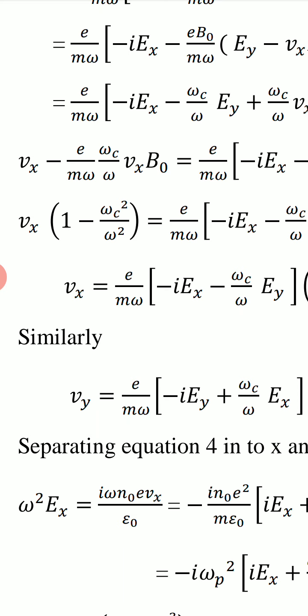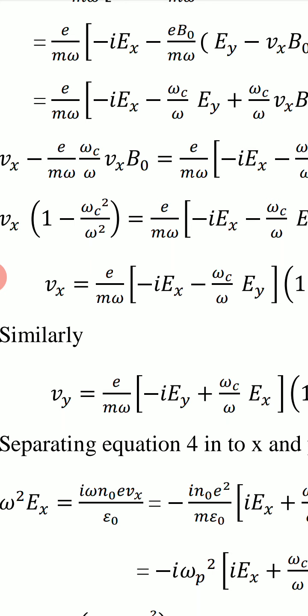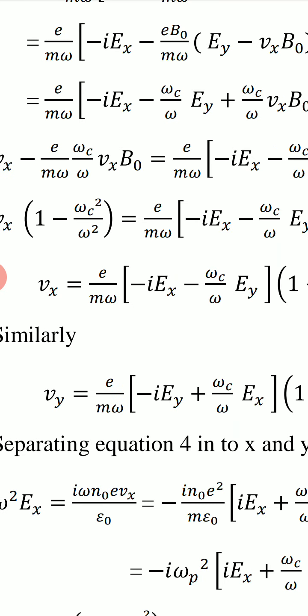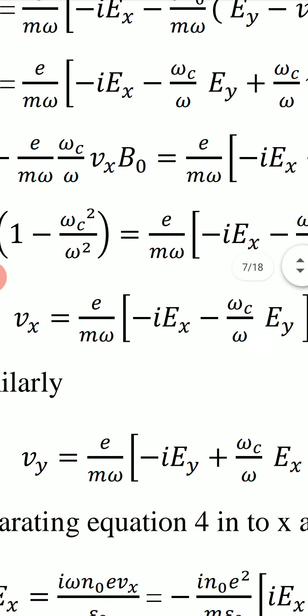So we have Vx into 1 minus, and now again we have eB0 upon m. This term eB0 upon m is again omega c. So we have omega c square. Put eB0 upon m as omega c. So we have Vx into 1 minus omega c square upon omega square.